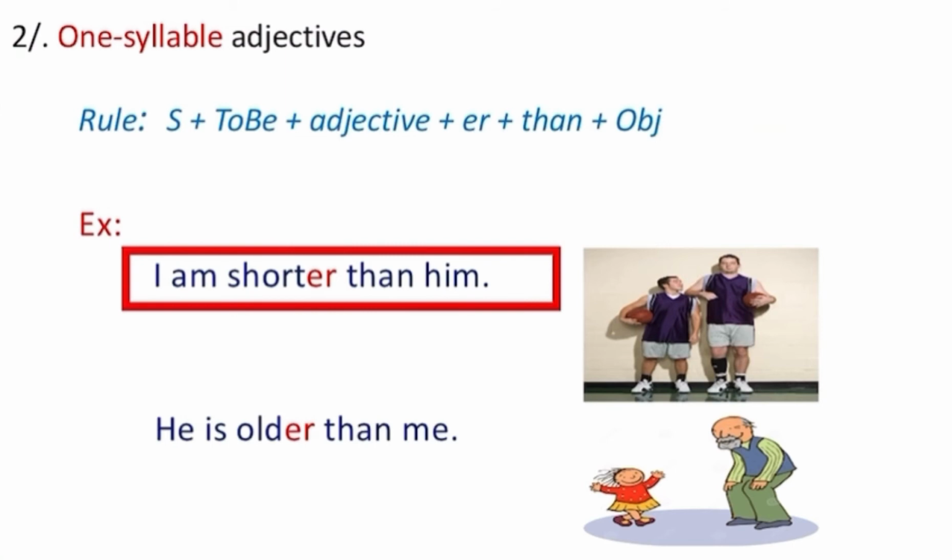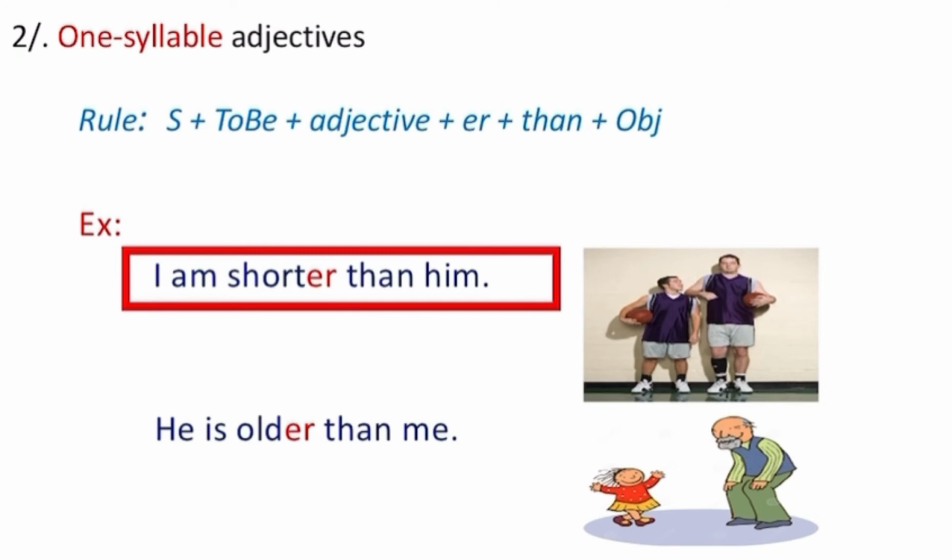So let's see the example here. I am shorter than him. Because the adjective short is not in the form of consonant plus vowel and consonant, you just add er. There's no double T here. So say I am shorter than him.